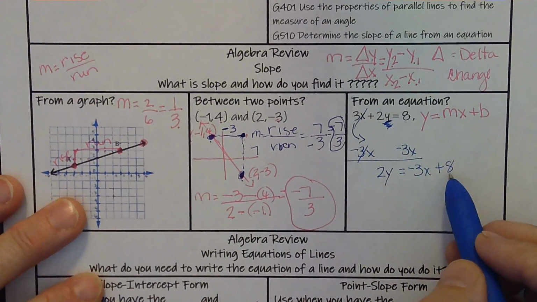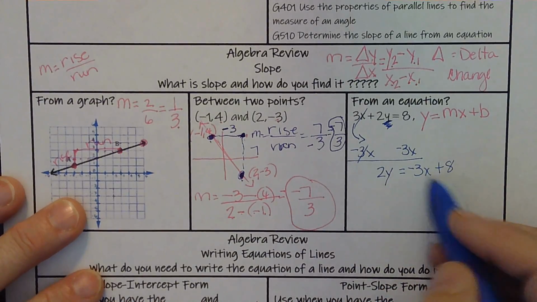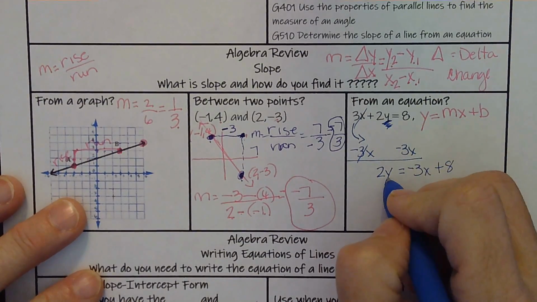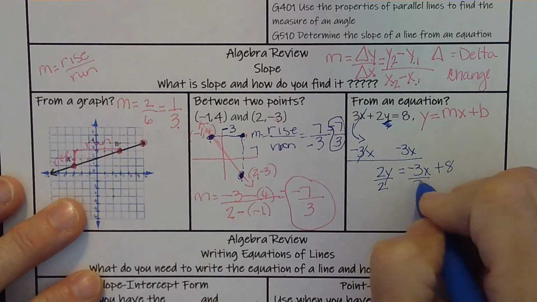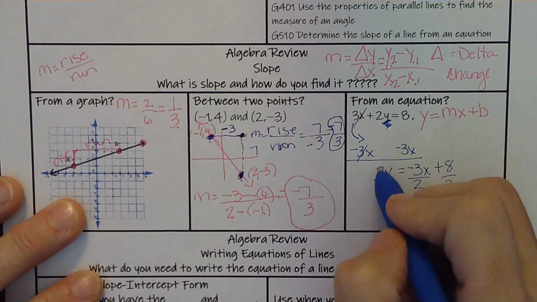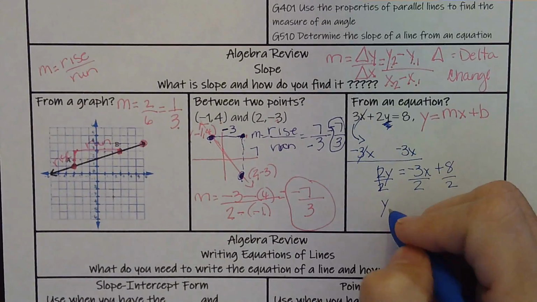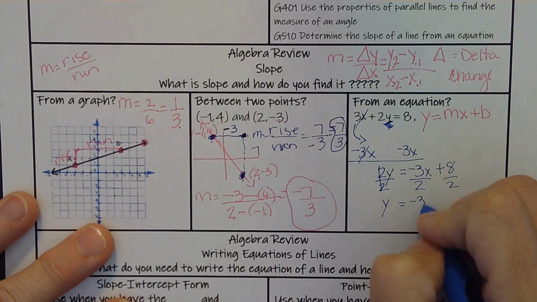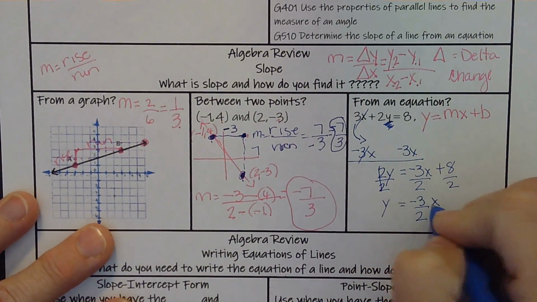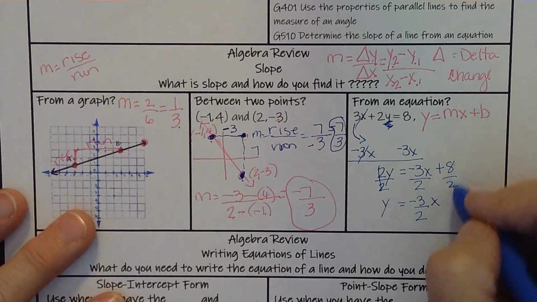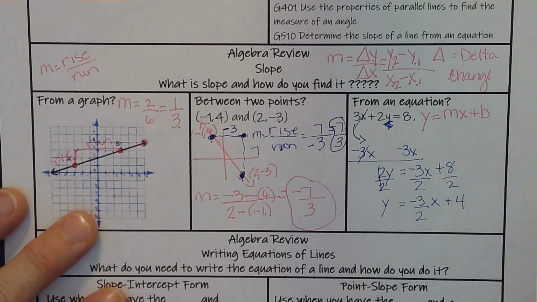And then all I have to do is divide every term by 2. To get y by itself, I will divide every term by 2. My 2's cancel. I get y equals -3 over 2x, and the 8 divided by 2, or 8 over 2, actually will give me 4.